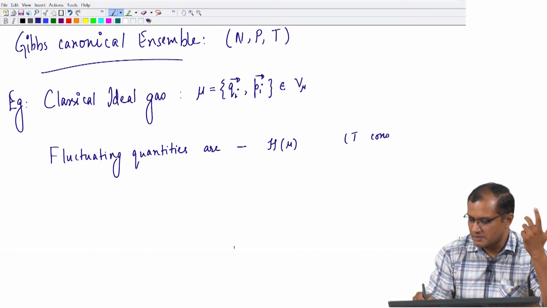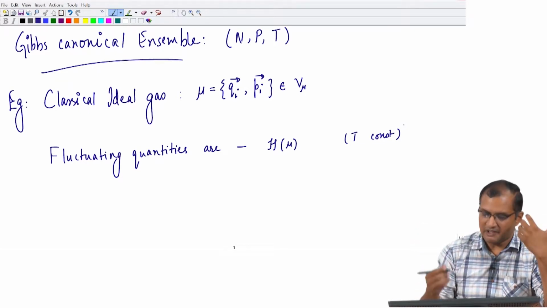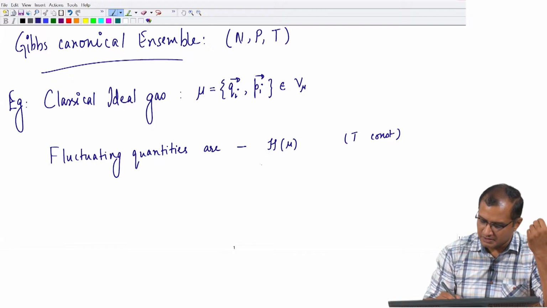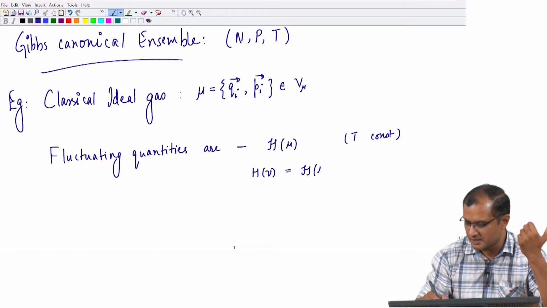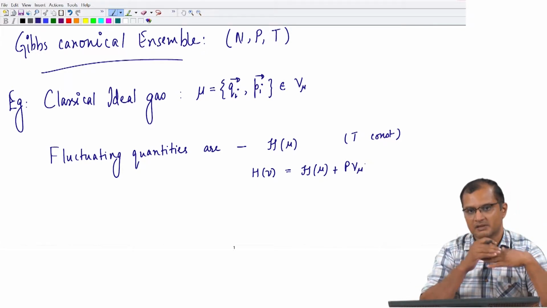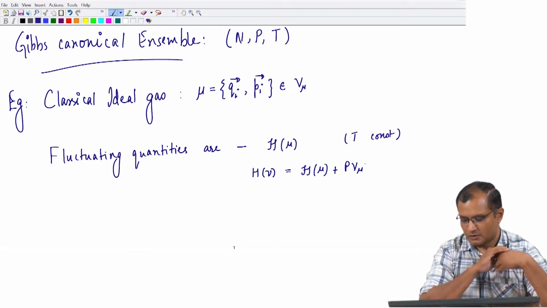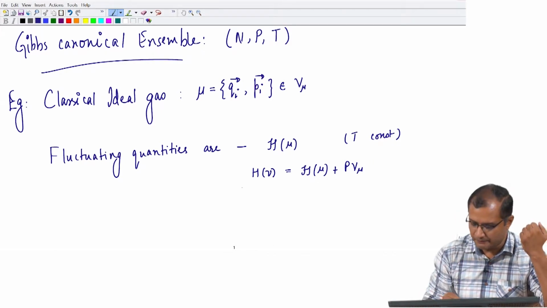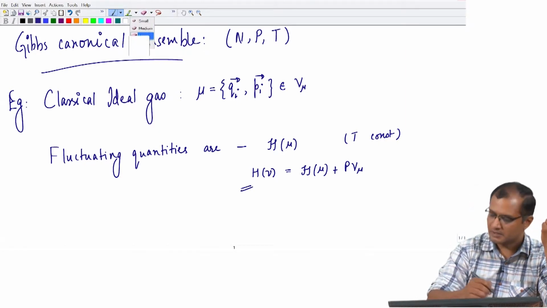So, T is constant. So, I have to allow for fluctuations in the Hamiltonian, but if Hamiltonian is fluctuating, I will have a fluctuation in the enthalpy of the system. So, the enthalpy is basically the energy of that microstate plus the pressure volume work that the system does in order to maintain constant pressure. So, this is one fluctuating quantity which is the enthalpy. I call it as the enthalpy of the microstate.